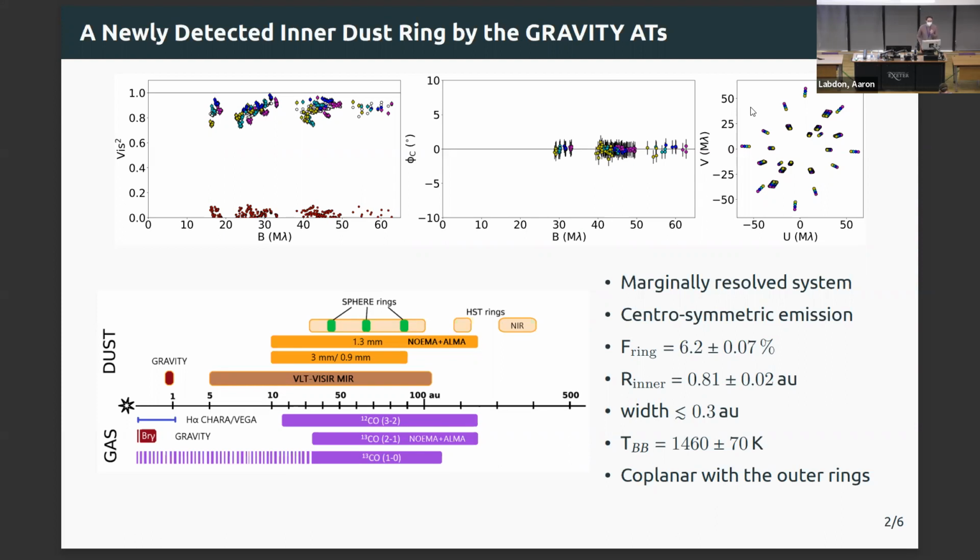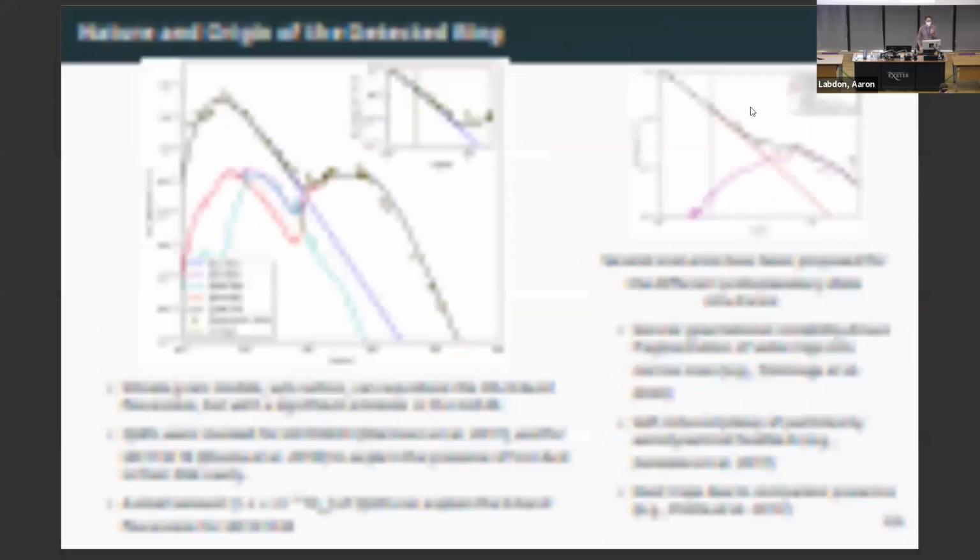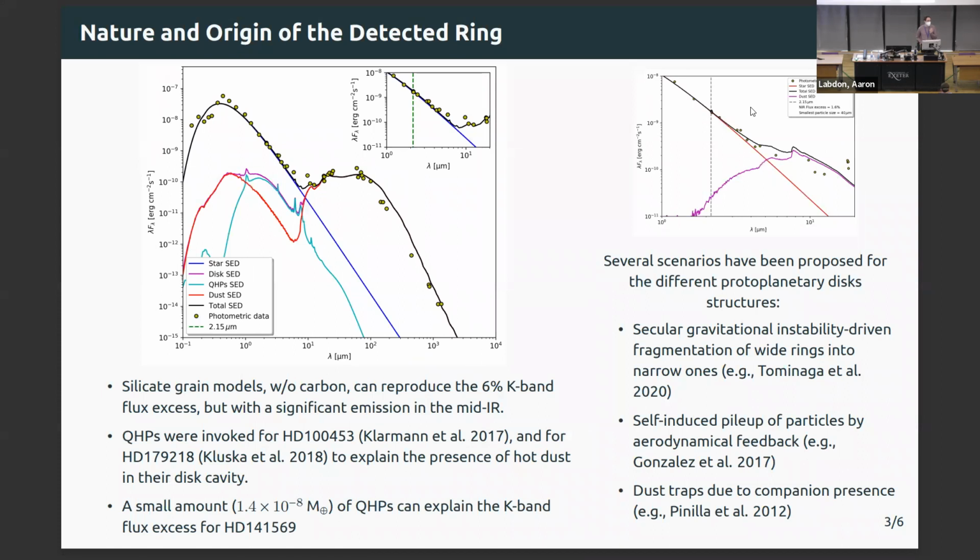To better understand the nature of the dust particles and to reinforce our findings, we modeled the spectral energy distribution through radiative transfer modeling. The first step was to create a model of silicate grains based on the findings of the GRAVITY results.